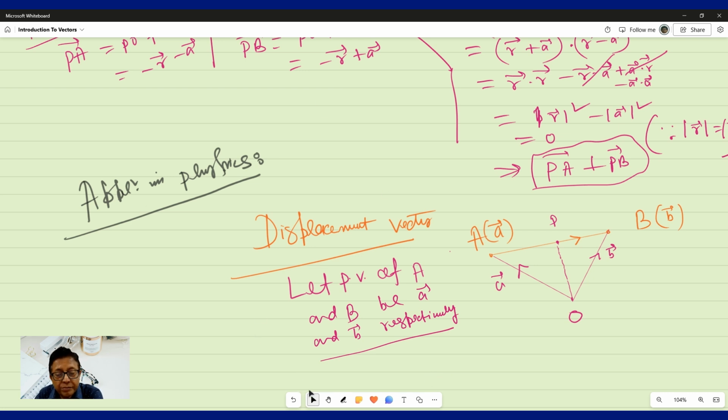You understand what is position vector? From origin to that point, if you join, then it will be A vector.